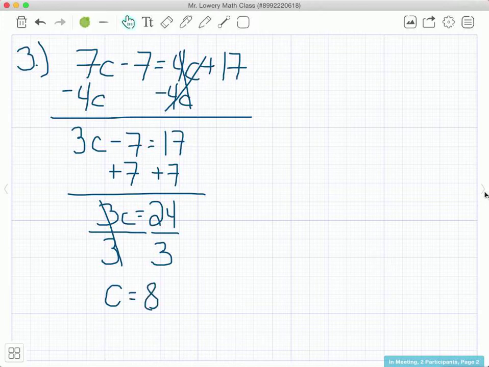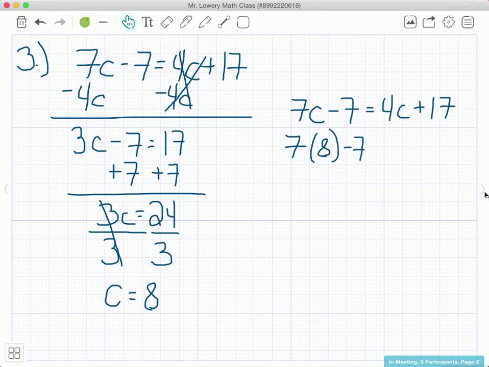All right, so to check it, start off with the original equation before we change anything with it. That's the original equation, and I'm going to substitute 8 for c. So 7 times 8 minus 7 equals 4 times 8 plus 17.